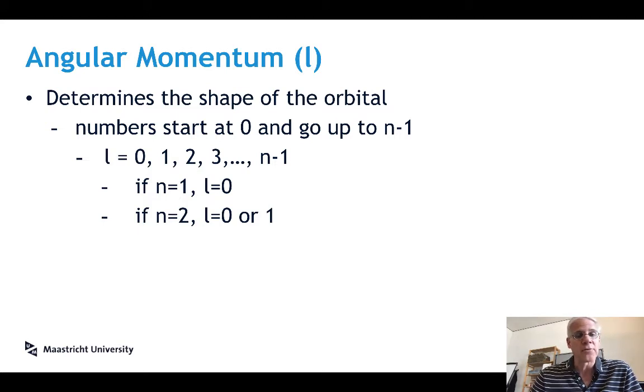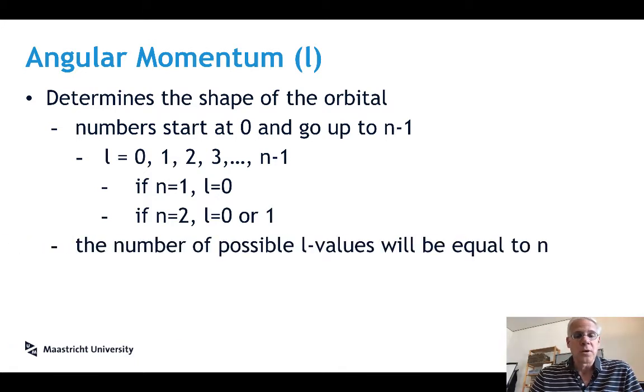I can have an L value of 0, or it can have an L value of 1. And the number of possible L values will always be equal to n. So we saw that if n is equal to 1, we have one possible L value. With n equals 2, I have two possible L values, and that just keeps going all the way up. That's always true.